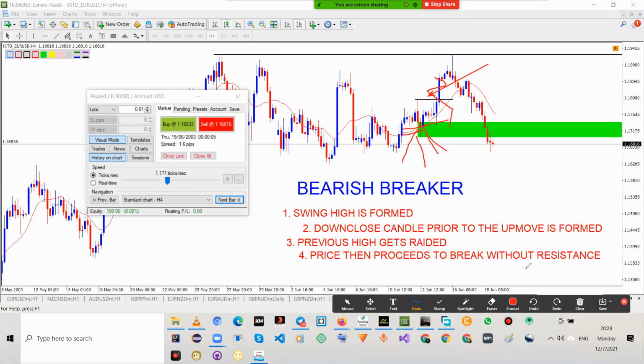So the down close right here, the bearish candle prior to this up move that's happening right here.